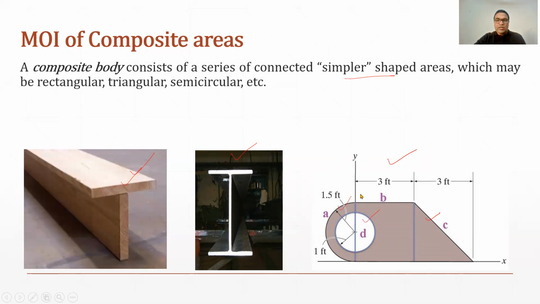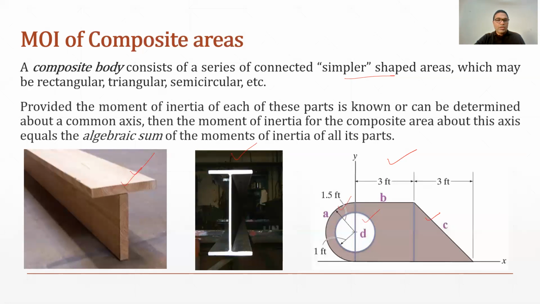We will calculate moment of inertia in the same way as we calculated the centroid in lecture 9, the previous lecture. Provided the moment of inertia of each of these parts is known, the moment of inertia of the whole composite area can be calculated.